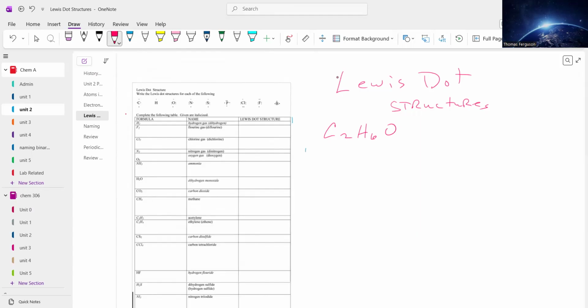They didn't have any idea what the structure looked like. So Dr. Lewis came up with this process to estimate what the structure looked like. And he used something called valence electrons.